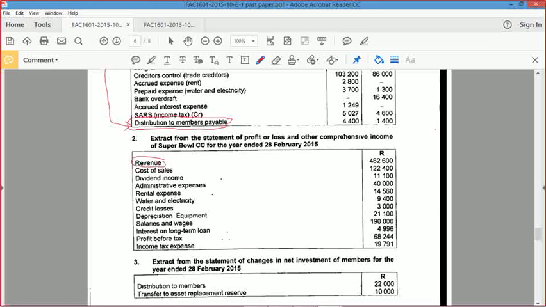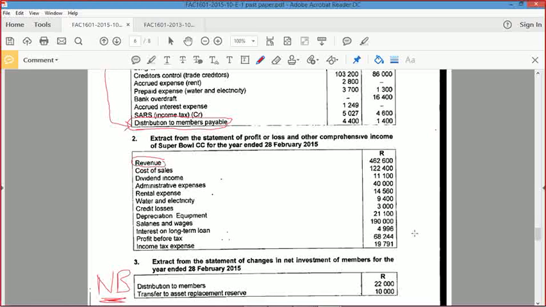You can purchase things. No, what can you do with the profit? Distribute it, or retain it, or invest. Transfer it to a reserve. So are those two line items going to affect the retained earnings?